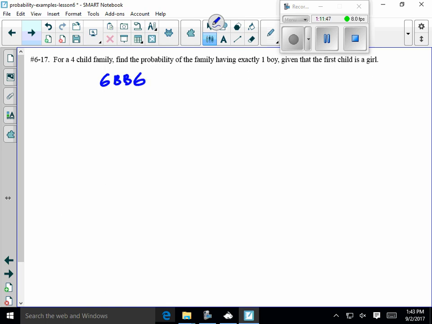So what I'm really saying is, I don't really care what the first child is. Actually, I'm saying, given the first child is a girl, so the first child is definitely a girl, okay? But what's the probability that I would have exactly 1 boy in the remaining children? So these children we're not sure what they are. They could be boys or girls, but the first one's definitely a girl.